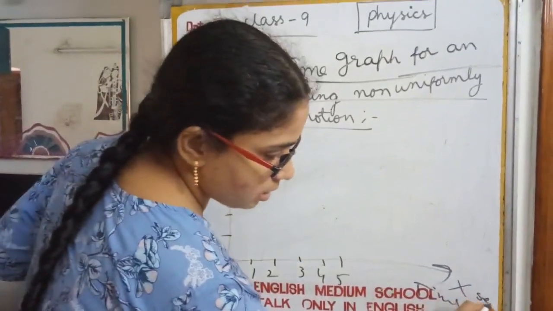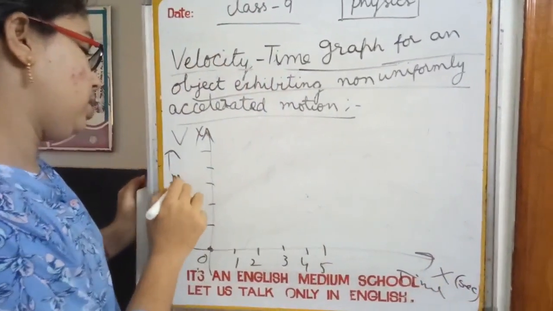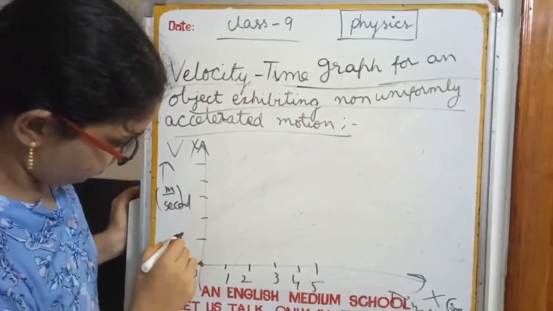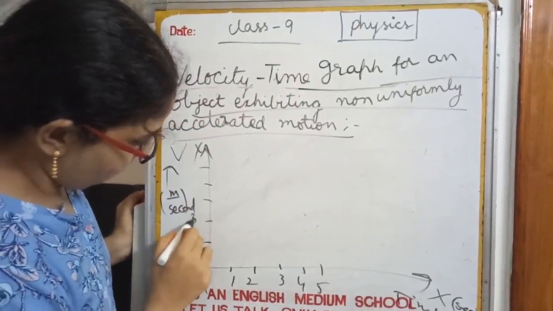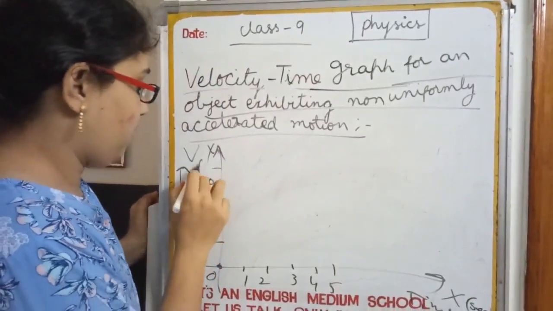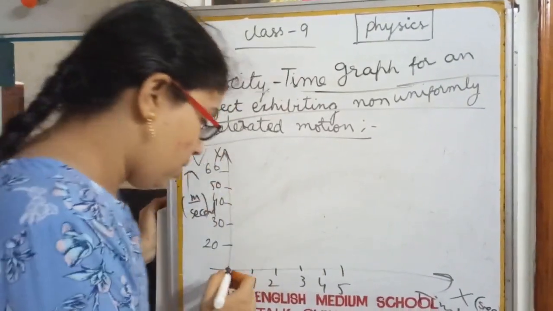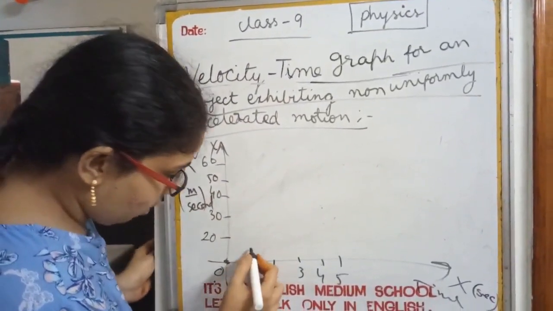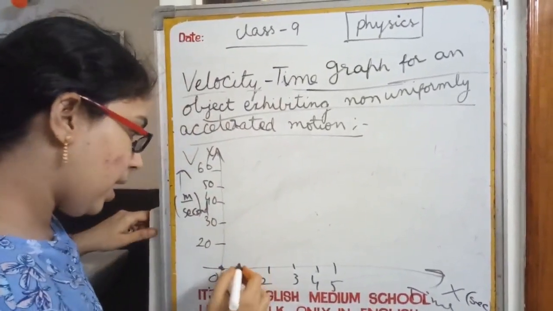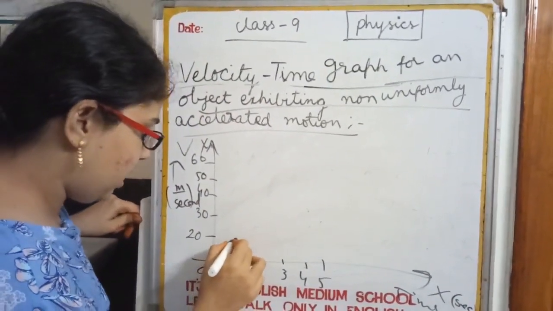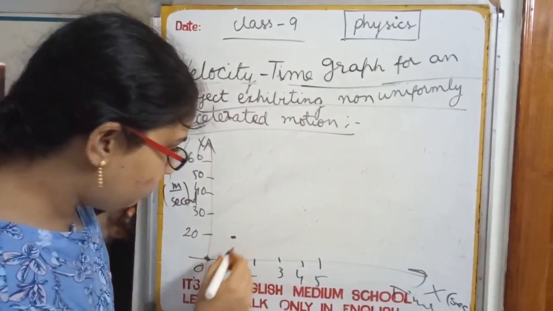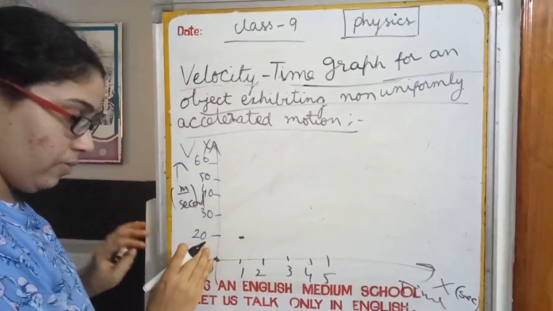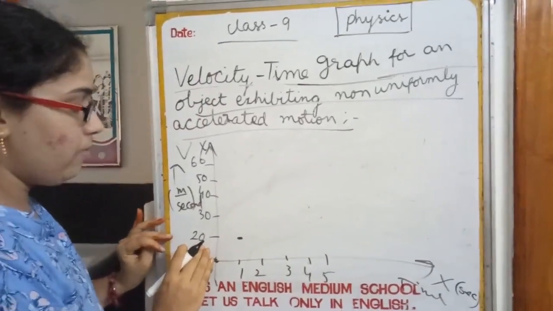Here I am considering time in seconds and velocity in meters per second. At 0 it was 0 only, and at the end of the first second it was traveling with some 20 meters per second velocity.